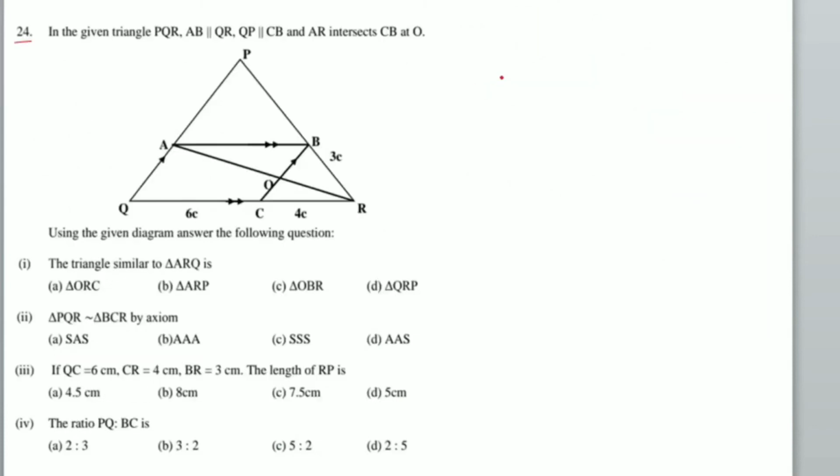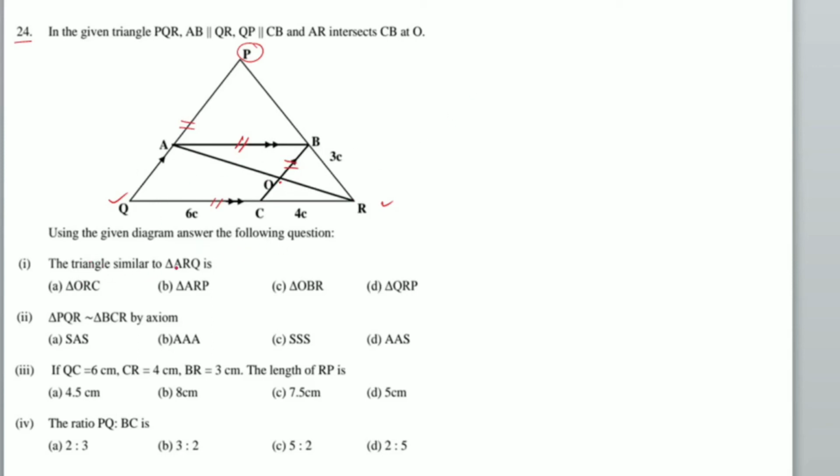Okay. Now we will solve problem number 24. In the given figure, PQR, AB is parallel to QR, and QP is parallel to CB, and AR intersects CB at the point O. Using the given diagram, answer the following questions.